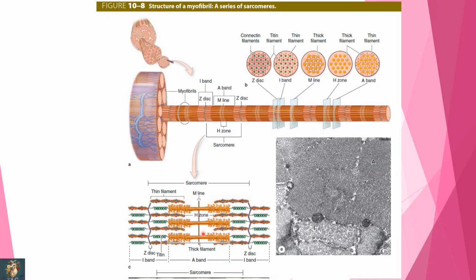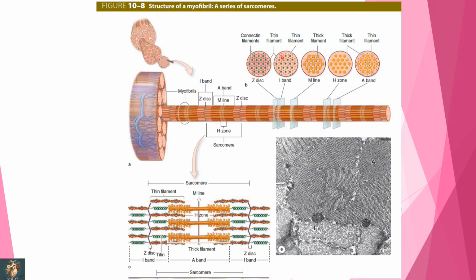In this area only the tail portion of the myosin molecules is present, and in the center of this the H zone is present. So these are the different sections taken from different areas. This is the Z disc, and in the Z disc you can see, in addition to the actin filament, the connection filaments shown in red color, which are the titin that attaches the myosin to the Z disc.